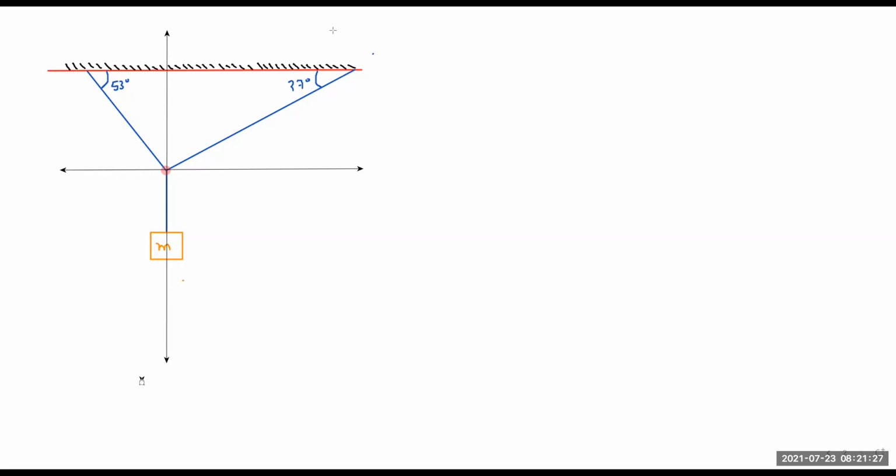So now we have drawn the origin, and we have drawn the suitable x and y axis. Let's call it x, and let's call it y. Now what is the next step? The next step is that the knot is your object. The first thing we need to remember is that the knot is our object, and therefore we draw the forces on the knot, assuming it to be some hypothetical object.